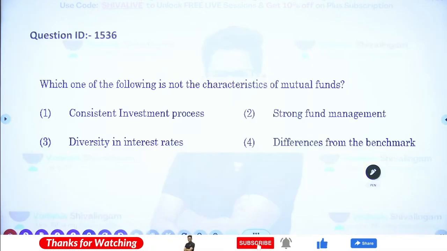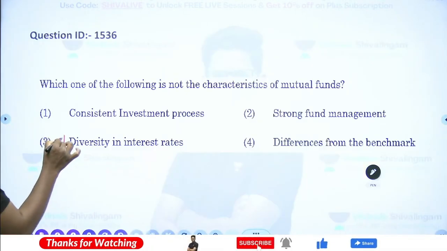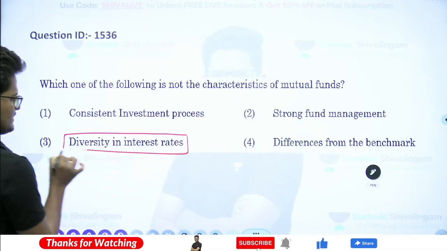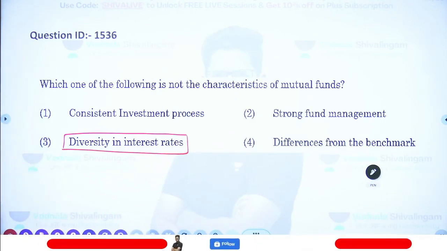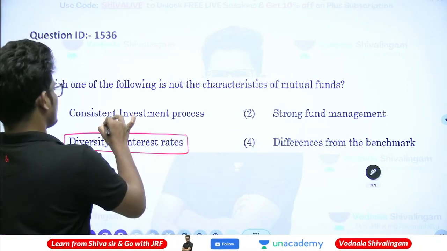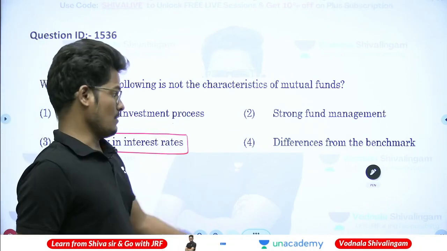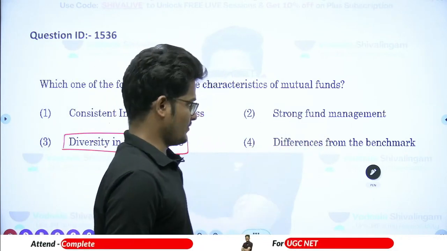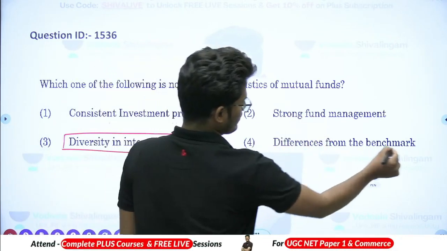So option C is the given answer. Diversity in interest rates is not a characteristic of a mutual fund. Interest rate will not be changing. It will be the same. So consistent investment process, strong fund management and differentiation from the benchmark.